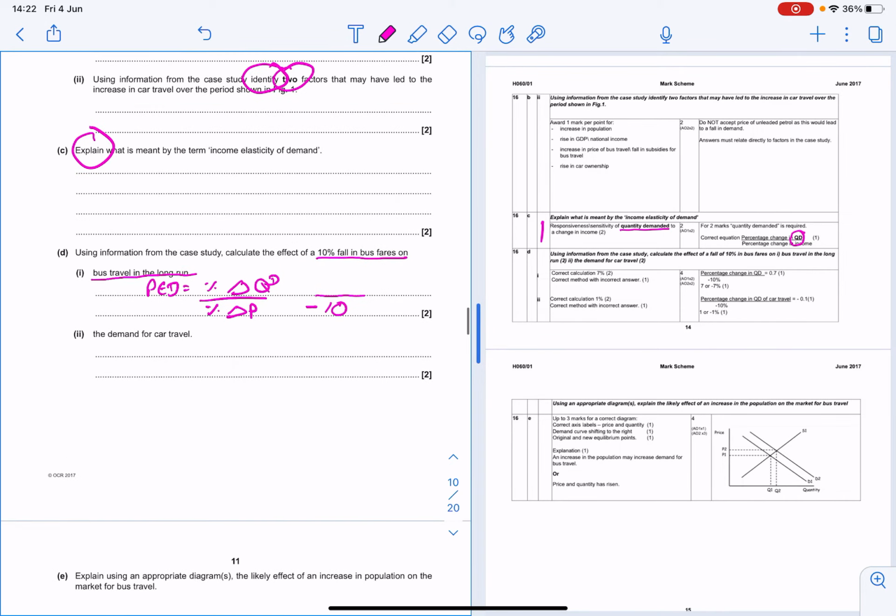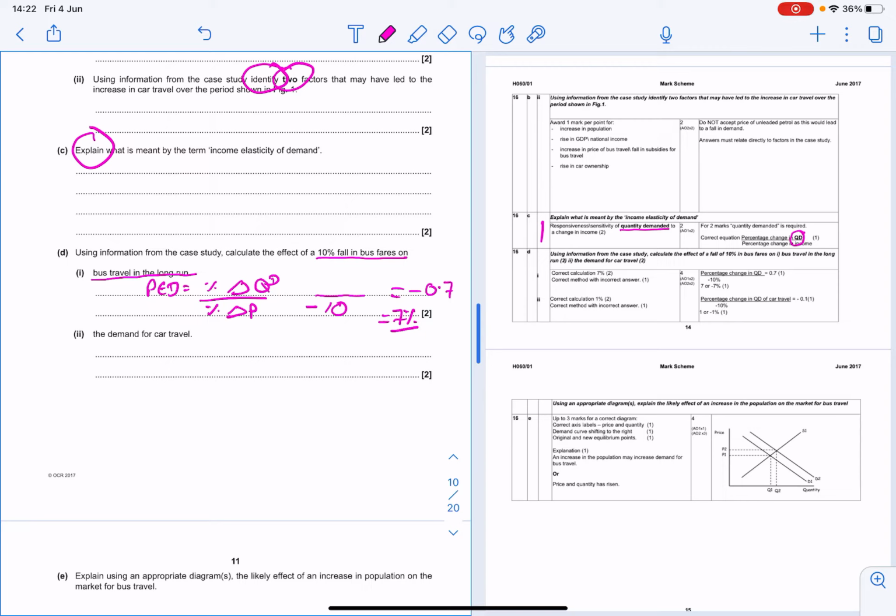So if we go back here, we know that is minus 0.7. So what we can do is minus 10 times by minus 0.7, which is going to give us 7%. And you need to make sure you've got your percentage there as well as the 7.